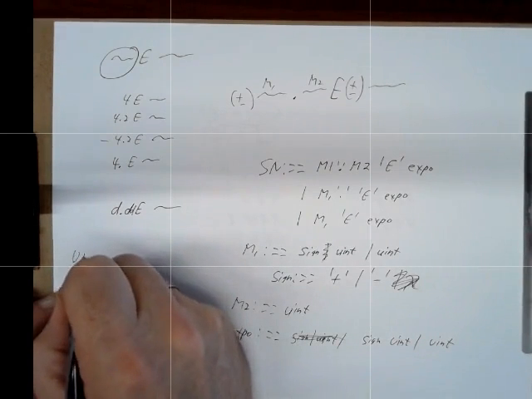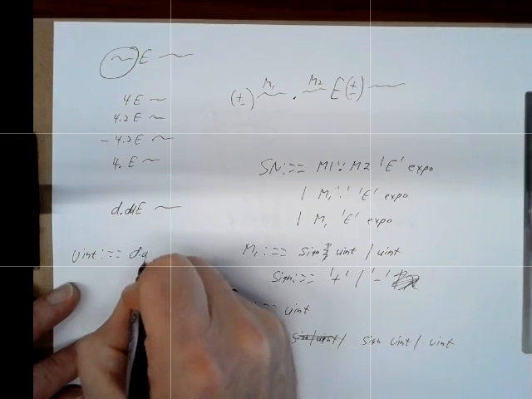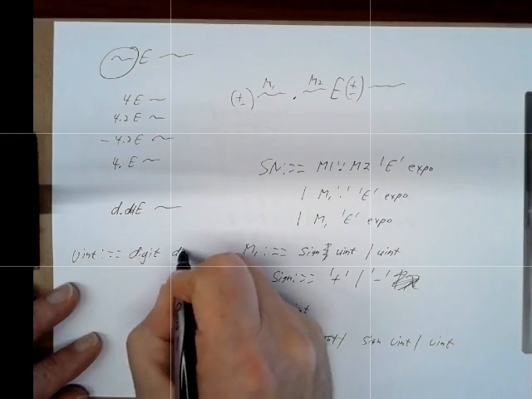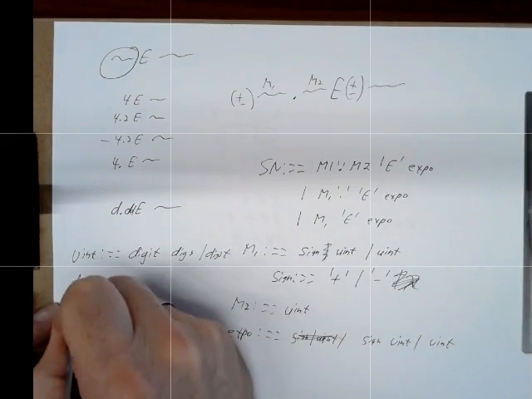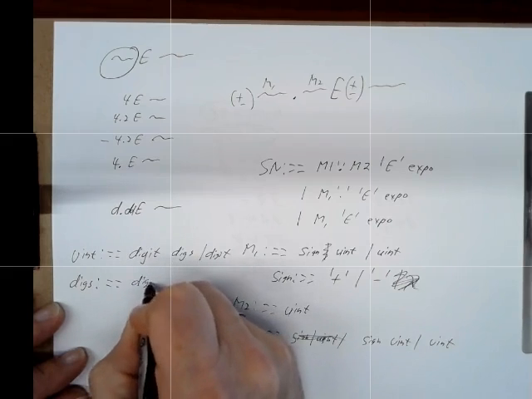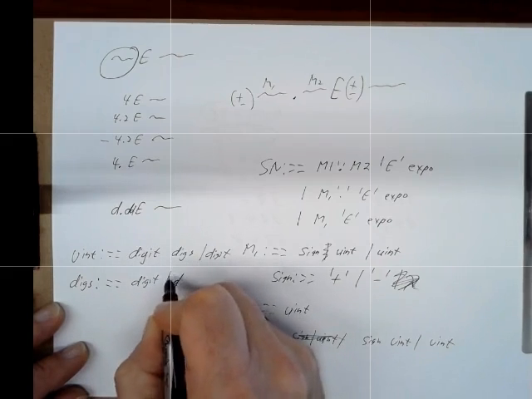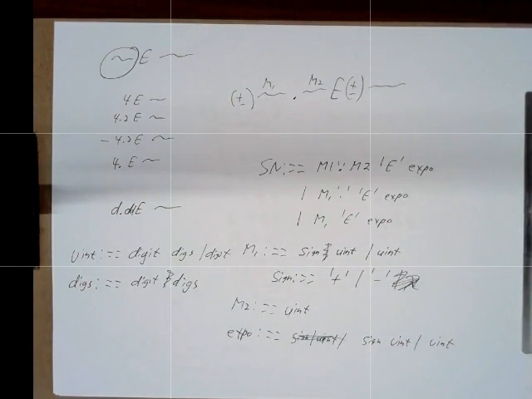And then an unsigned int is a digit followed by digits, or it's just a digit. And digits is a digit followed by digits. Something like that might work.